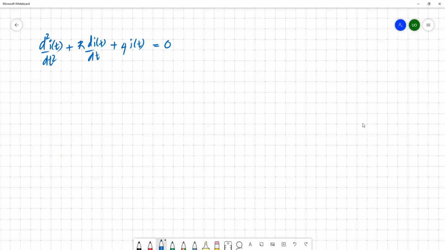If you get the characteristic equation, this is s squared plus R s plus 4 equals 0. Then depending on the different values of resistance, you will end up with different scenarios.